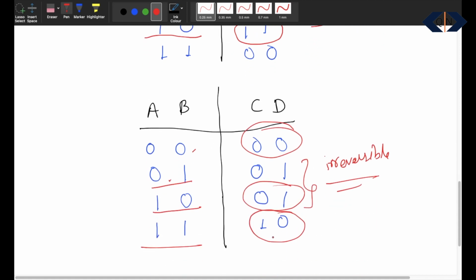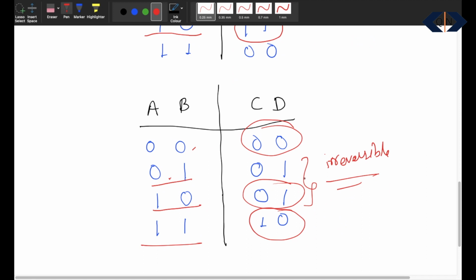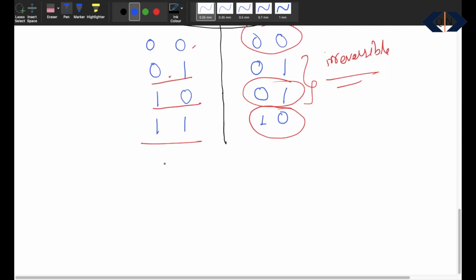So through this you can define that it is not always true that if input state and output state are equal, then only the gate is reversible. Okay, so the first condition we checked, that is the important condition, is that through the output you can define the input.